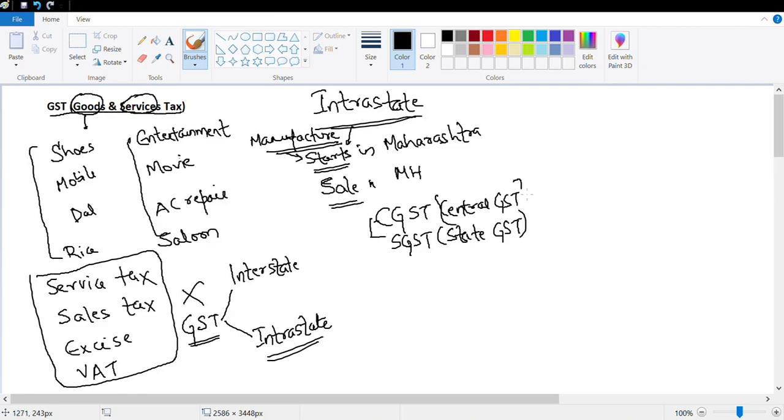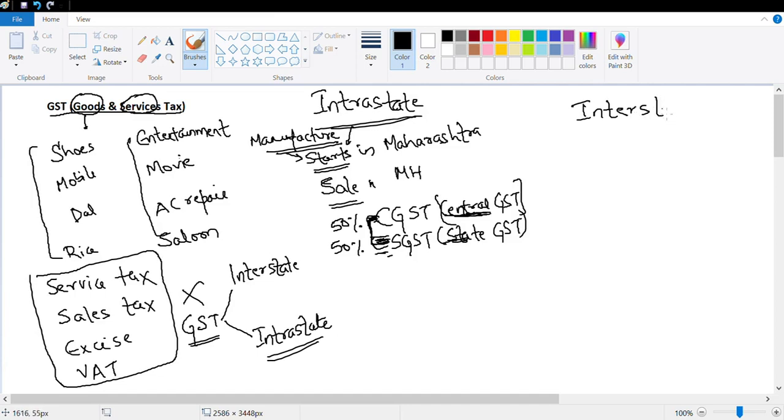It basically means that if the tax is being charged, 50% of the tax goes to the central, which is the center government, and 50% of the tax charged goes to the state, which means they share the tax exactly in half and half. So that's intrastate.